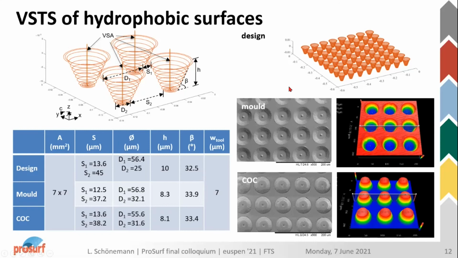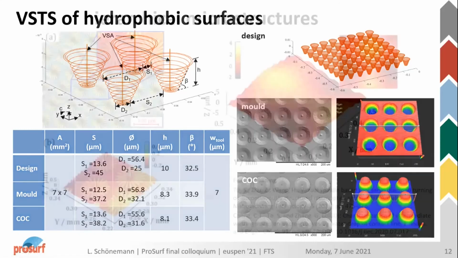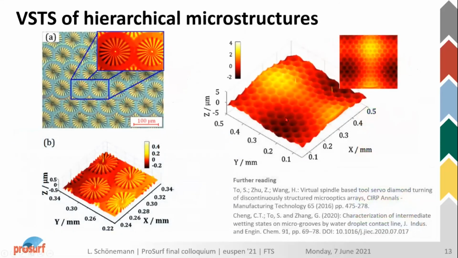This technology is actually quite powerful. It can not only be used for these rather simple types of structures, but for almost all types of complex surfaces, even hierarchical microstructures that you can generate.